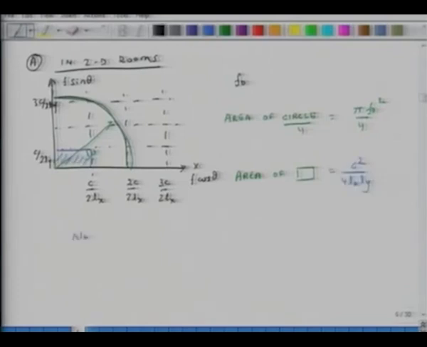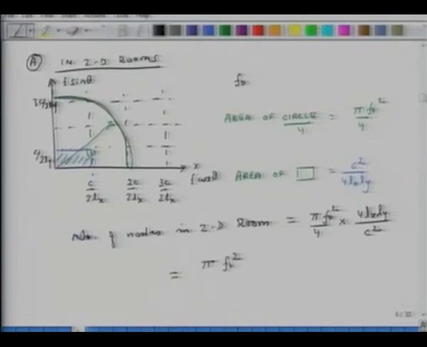So the number of nodes is how much? I just take the ratio of these two. So pi F0 square over 4 times 4 Lx Ly over C square. What do I get? Pi F0 square over C square times Lx Ly, and this is pi F0 square over C square times the area of the room.